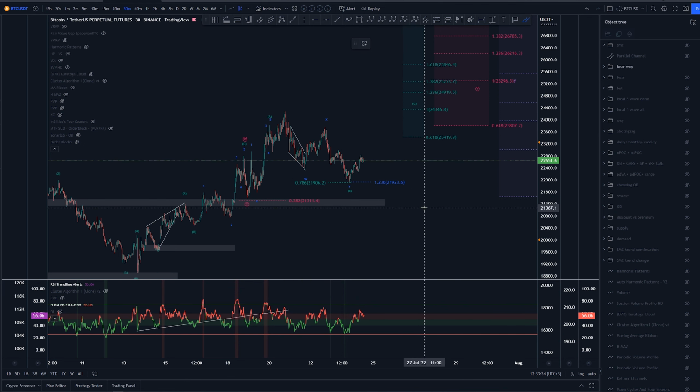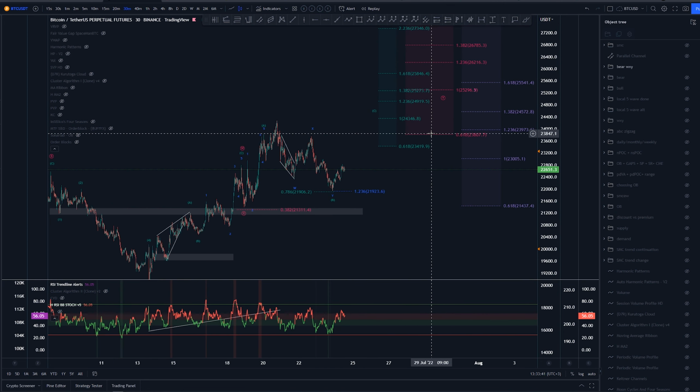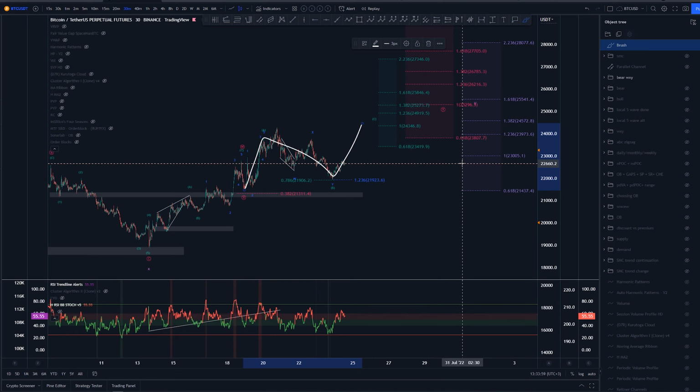At the moment, this count would be looking for wave C around the 1-to-1 extension. This would bring us all the way above the 0.618 extension of this first wave W here. So that would be the minimum target overall that we were looking at. For the wave C, 1-to-1 again, 24.3k, which would be something like this, acting as a zigzag pattern.